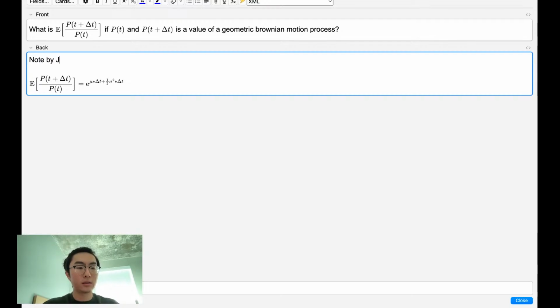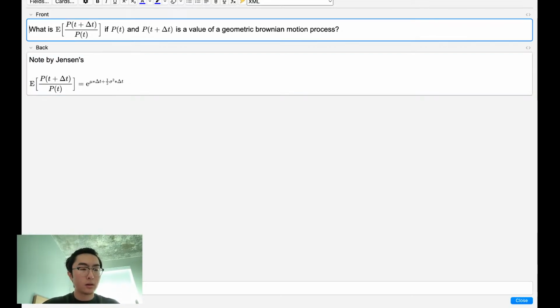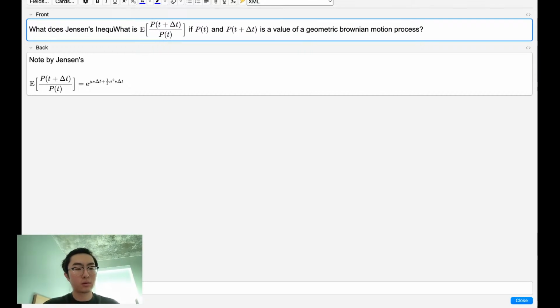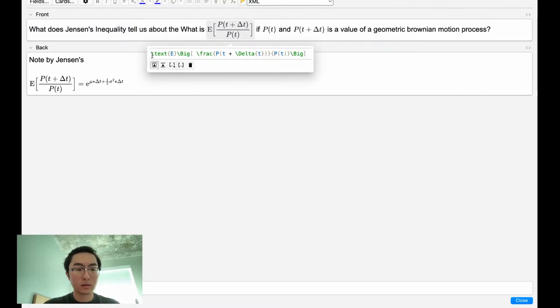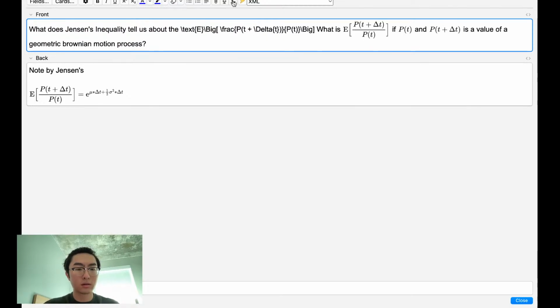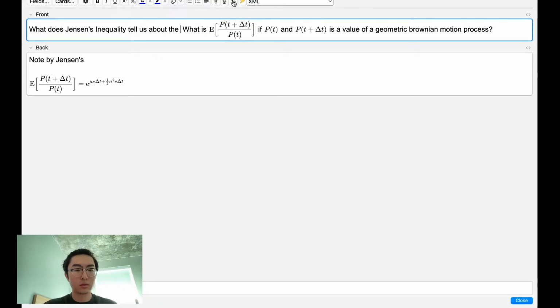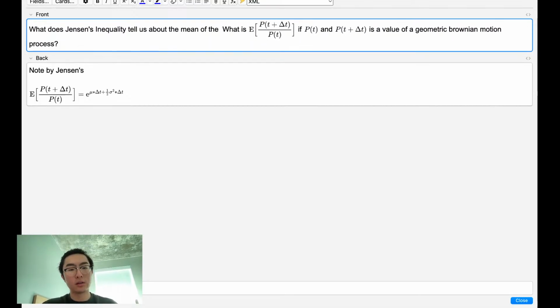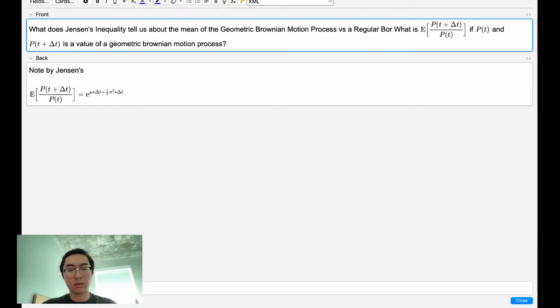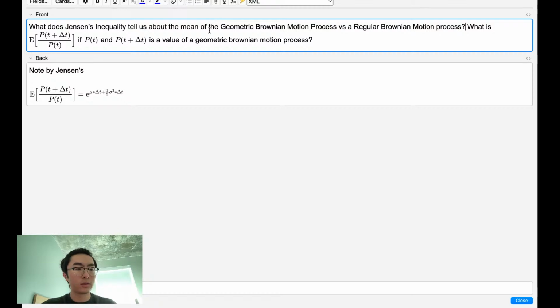Notes by Jensen's. What does Jensen's tell us about the mean of a geometric Brownian motion process versus a regular Brownian motion process?